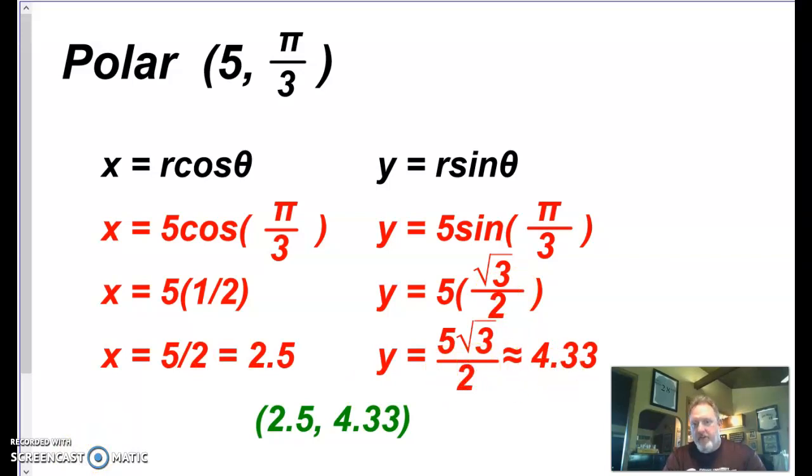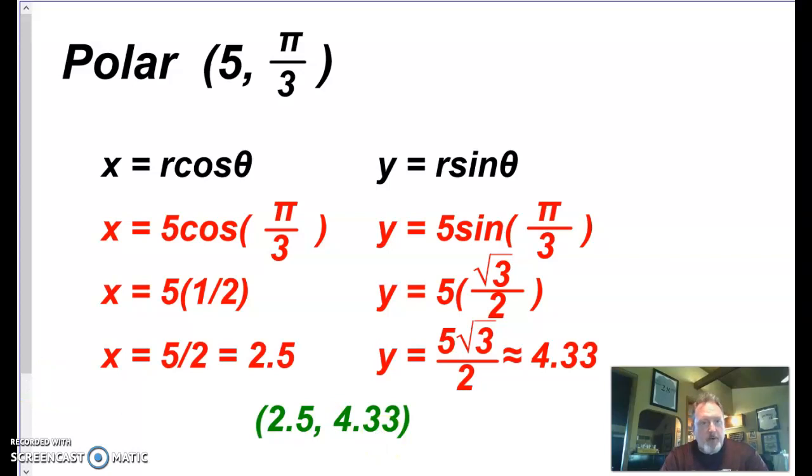So 2.5 and 4.33. I want to point out that with these problems, you can write them in exact form or decimal form. In exact form, it would be 5 halves and 5 square root of 3 over 2. Most of us, myself included, will go with the decimal version, so 2.5 and 4.33.